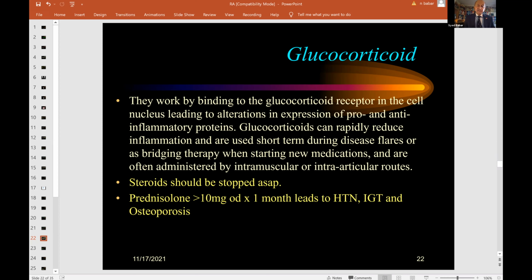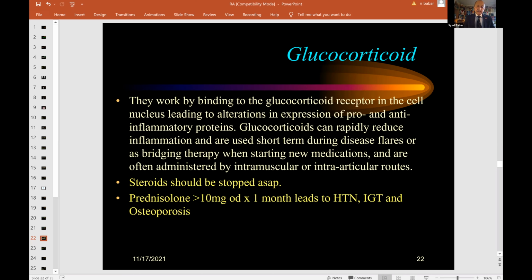And when a cell is damaged, there are pro and anti-inflammatory proteins. As a result of blocking the receptor, such noxious chemicals do not harm the joint surfaces and the synovial membrane. And therefore, glucocorticoids can rapidly reduce inflammation.